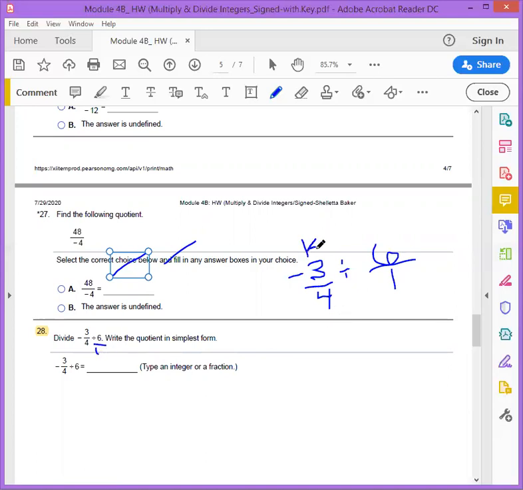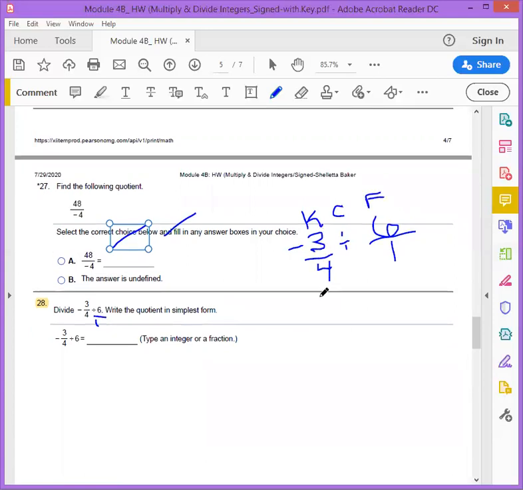And when we divide fractions, we have to remember those rules that keep, change, flip. So we'll keep the first fraction the same, -3/4. We'll change our operation from division to multiplication, and then we'll flip the second fraction. We'll take the reciprocal. So the denominator moves to the numerator, and the numerator moves to the denominator.